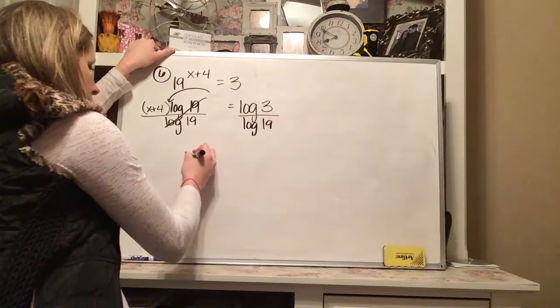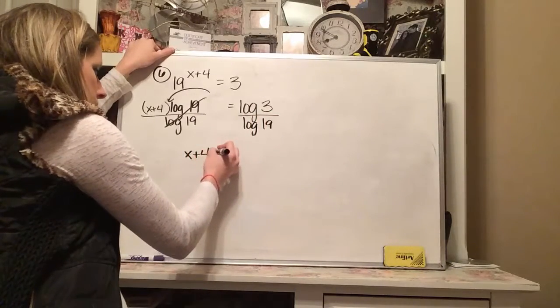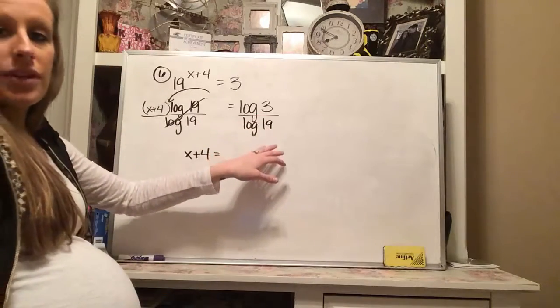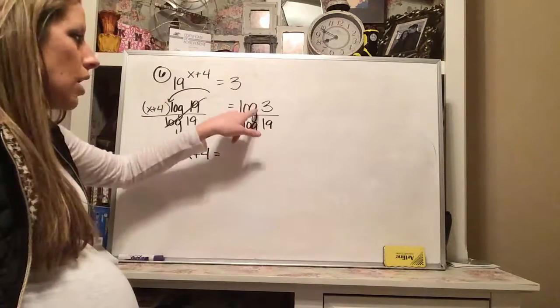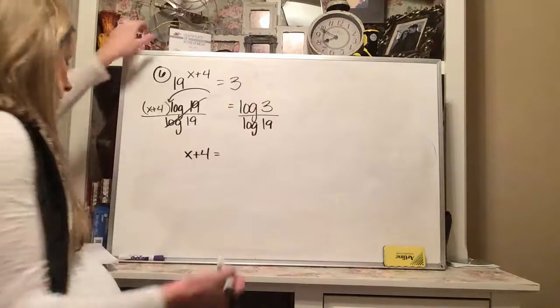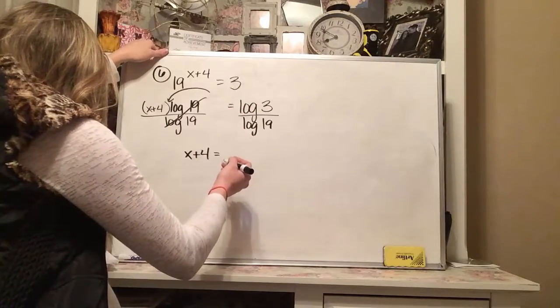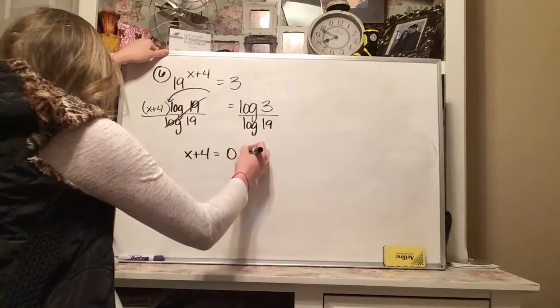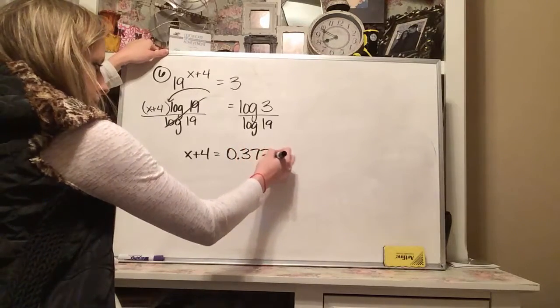Okay, so I get x plus 4 equals, and I went ahead and figured out what this was. Log of 3 divided by the log of 19 gives me 0.373.